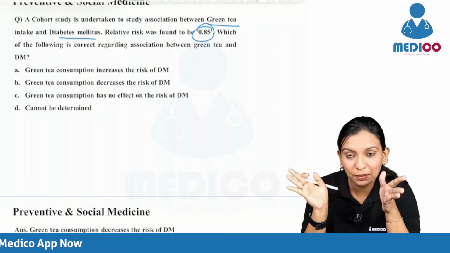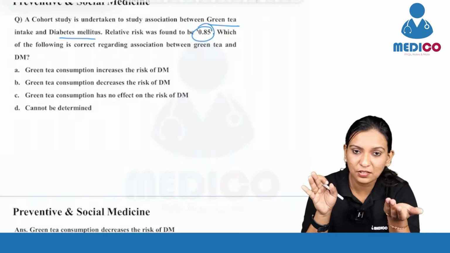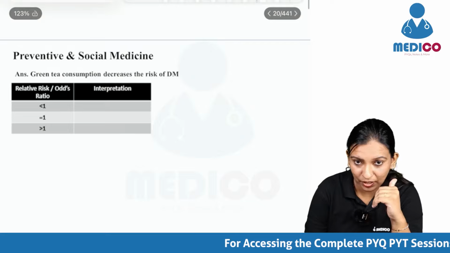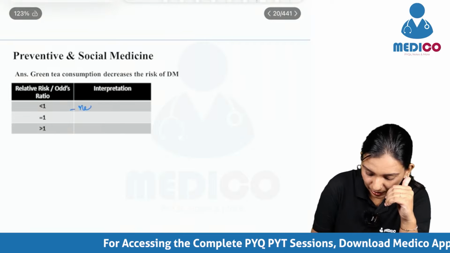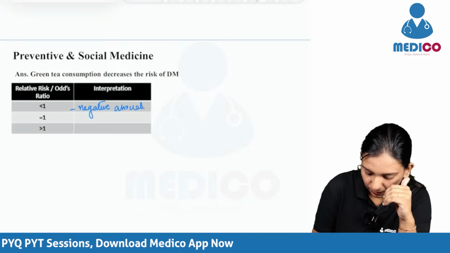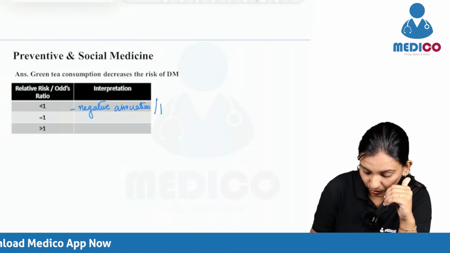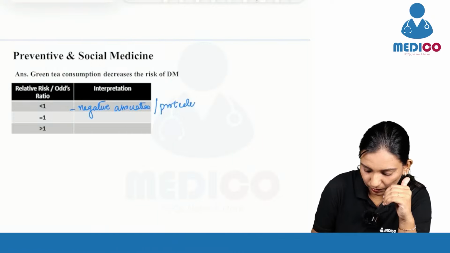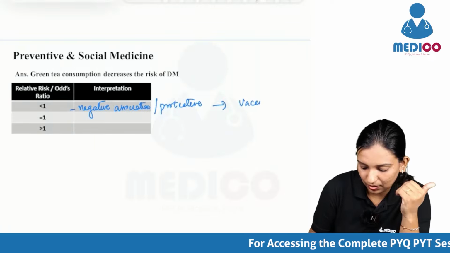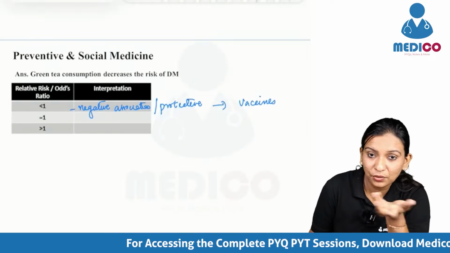So how do you interpret the risk, either relative risk or odds ratio? When the risk is less than 1, that means there is a negative association and your exposure is protective. You get this, for example, in the case of vaccines. A vaccine is an exposure, right?